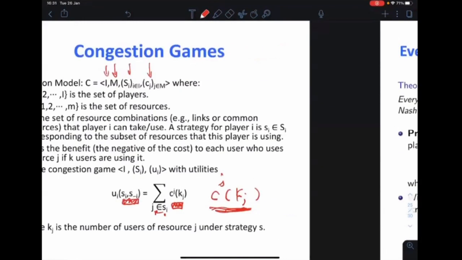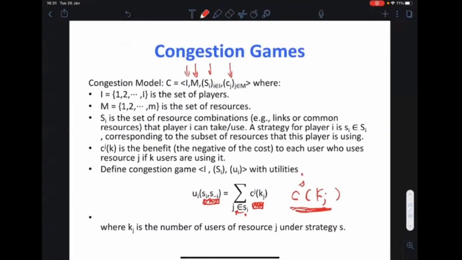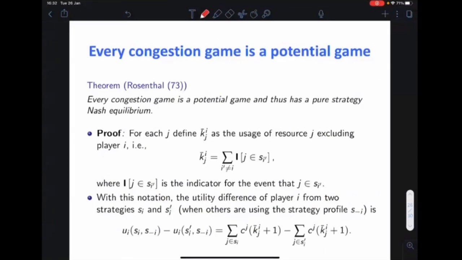If you define this game as we define here, with that kind of reward structure, then you are always guaranteed that it's a potential game, therefore there's always a pure strategy Nash equilibrium. So how can we prove that? This is very simple. I'm going to go through it very quickly, just to highlight how you can actually prove that.